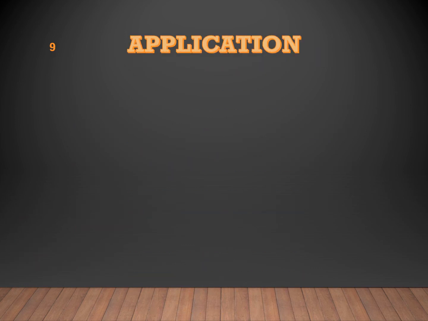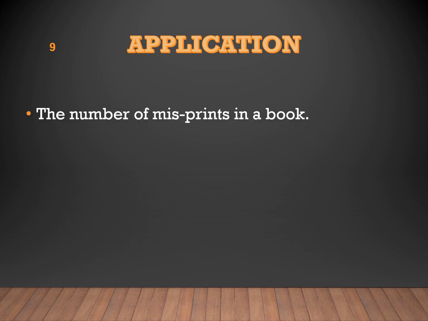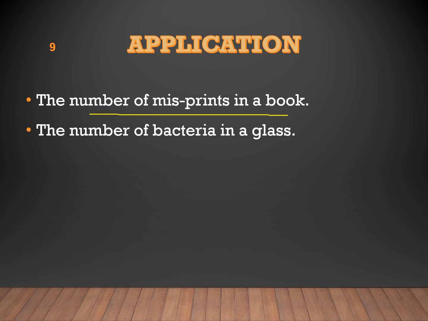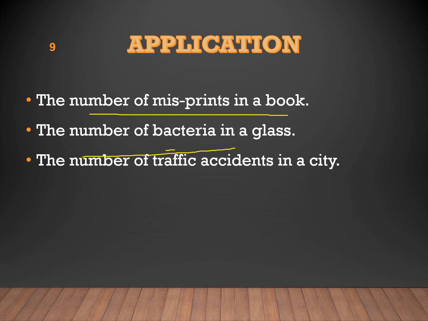Now, finally, we will discuss the application of Poisson distribution. The number of misprints in a book. The number of bacteria in a glass. The number of traffic accidents in a city.